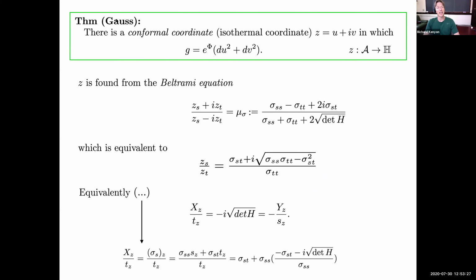So now going back to Gauss, this is, of course, the oldest theorem here. Whenever you have a smooth Riemannian metric on a two-dimensional surface, there's a certain so-called conformal coordinate, and I have to explain what this means. It's a coordinate z.